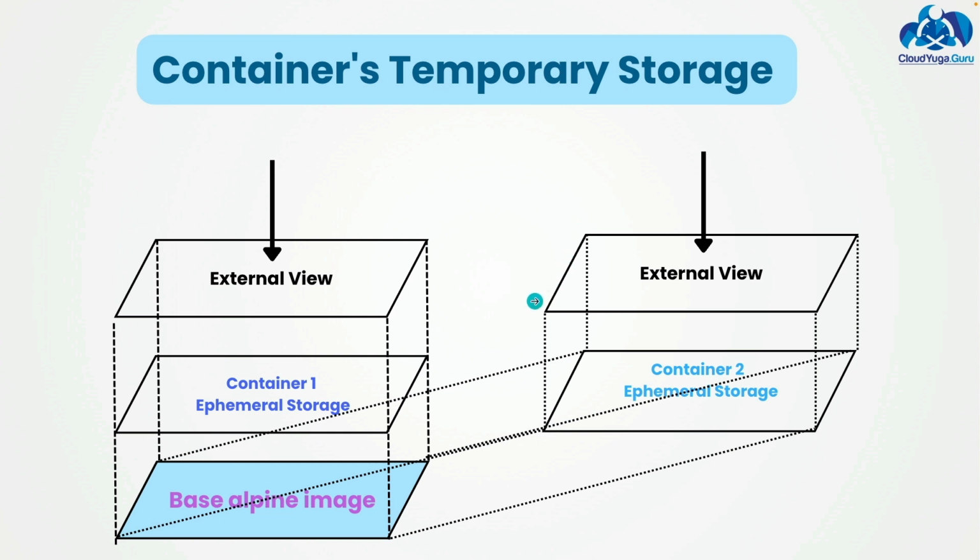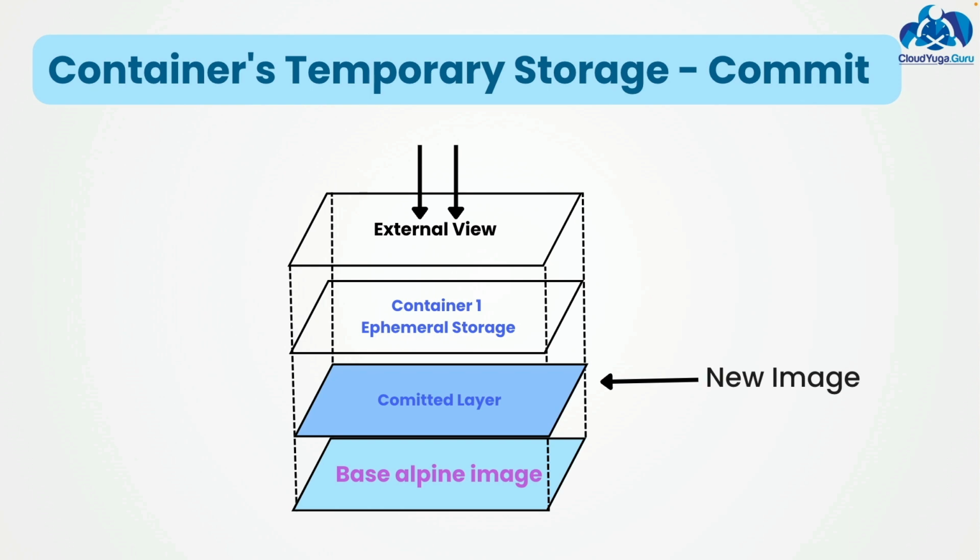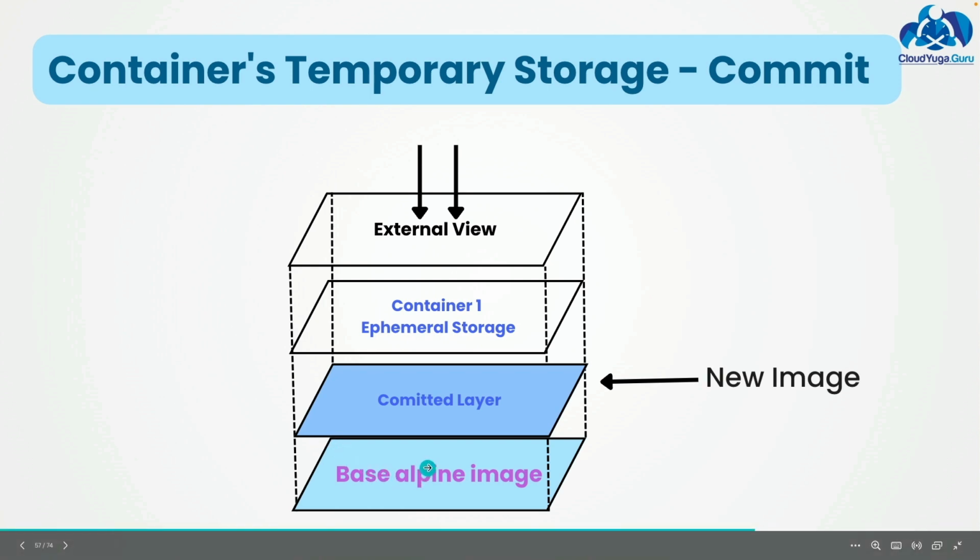And that is where we can convert this temporary storage into an image layer. So what we can do is we can commit this temporary storage and create a new image out of it. So what we have done is we had the base image.